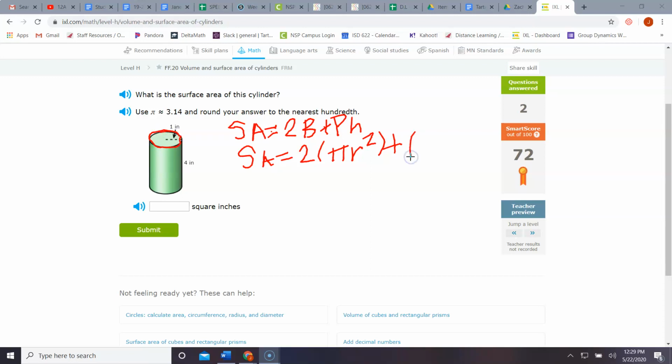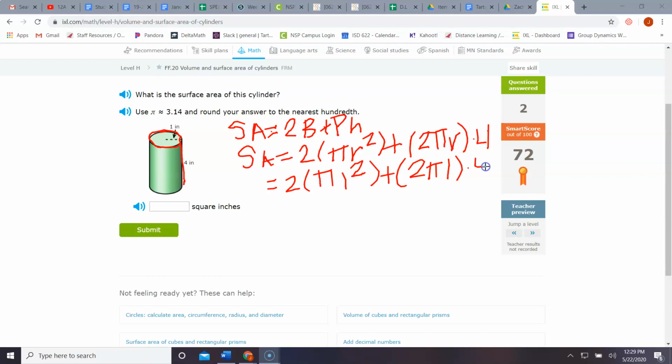So now we're going to use our circumference formula, which is 2 pi r times our height of this object, which is 4. All right, so let's go ahead and just plug in what we know. Pi and our radius is 1 squared plus 2 times pi times 1 times 4.